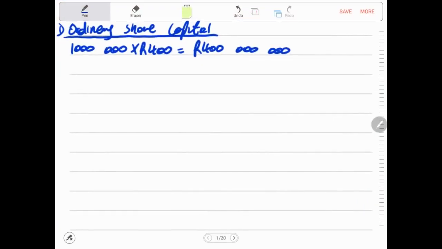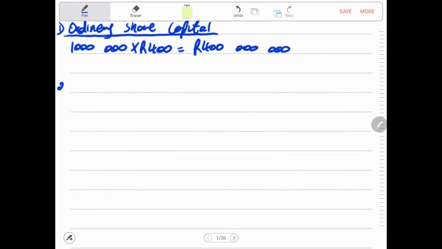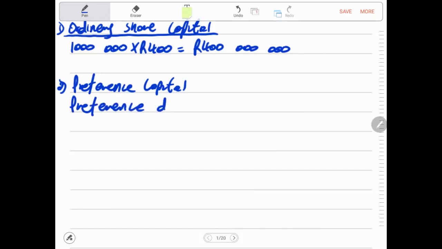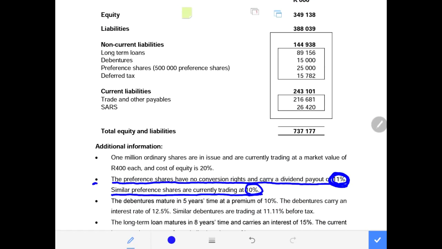Then now let us go to number 2, which is our preference capital or preference stated capital. We have our preference capital, then we have to calculate our preference dividends first. Our preference dividends are based at the rate, and let us look for the preference stated capital.